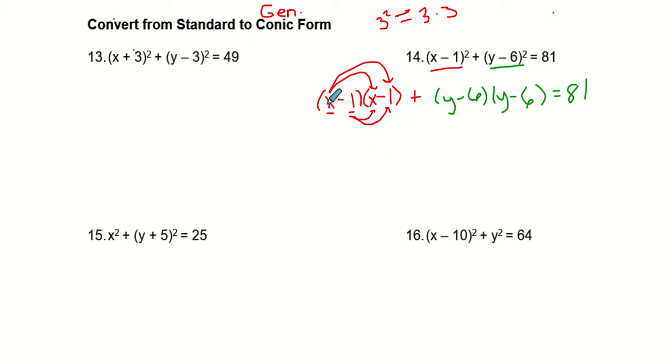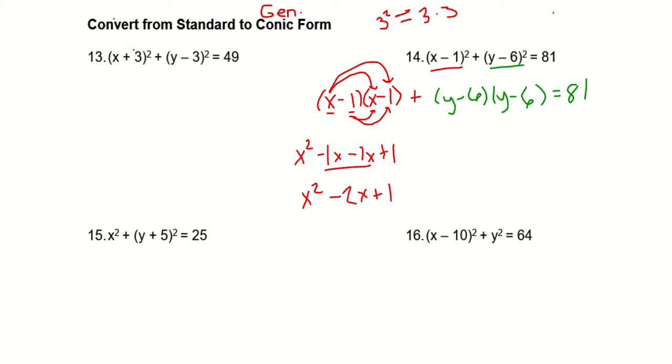So x times x is x squared. x times negative 1 is negative 1x. Negative 1 times x is negative 1x. And negative 1 times negative 1 is positive 1. So I can simplify that to x squared, negative 1x and negative 1x is negative 2x, and then plus 1. So that's that part.